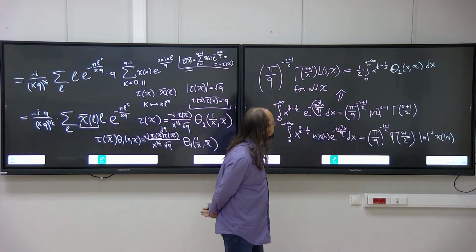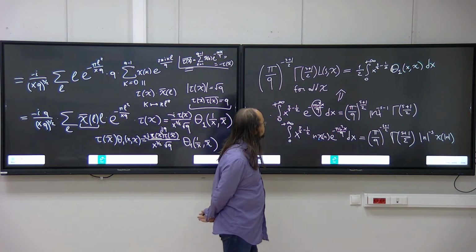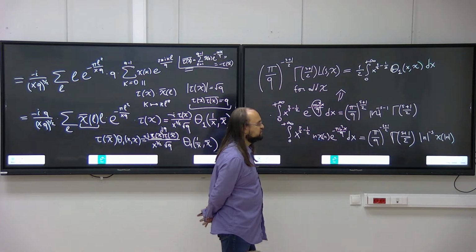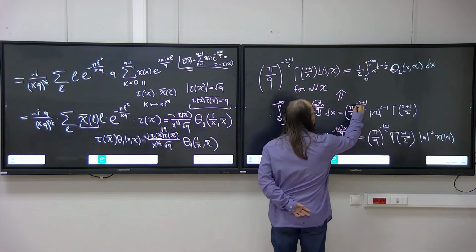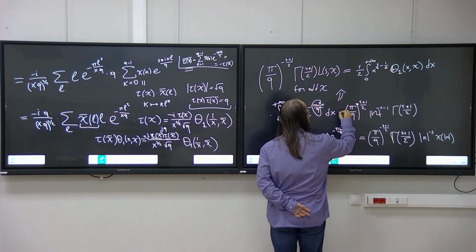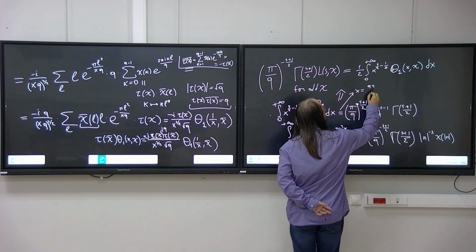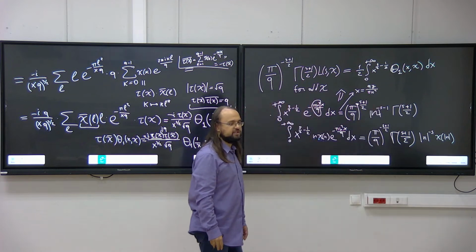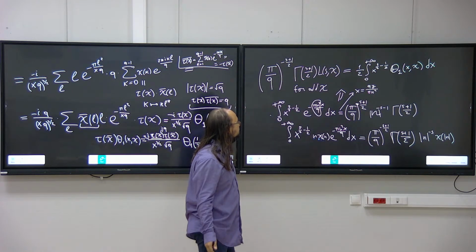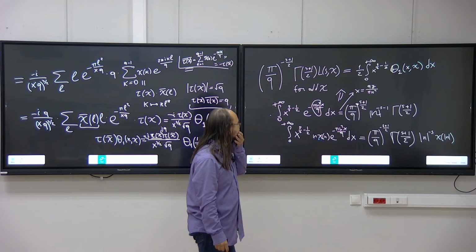That's it. Take x equal to qy over pi n squared. That's it. Then you get e to the power minus y, right?